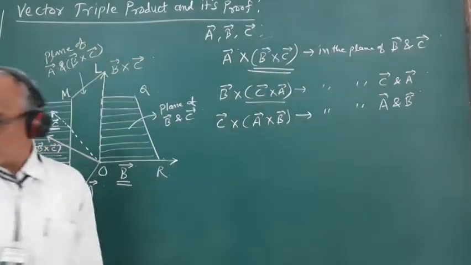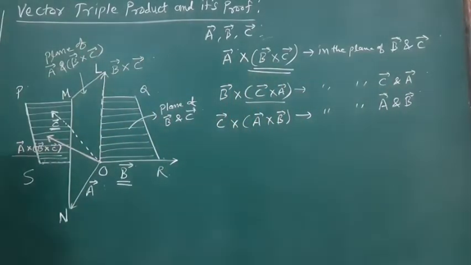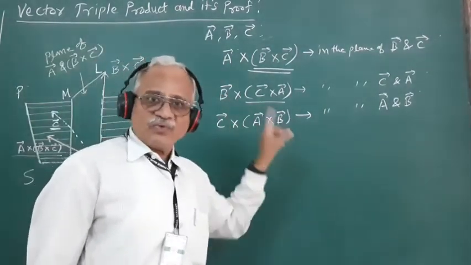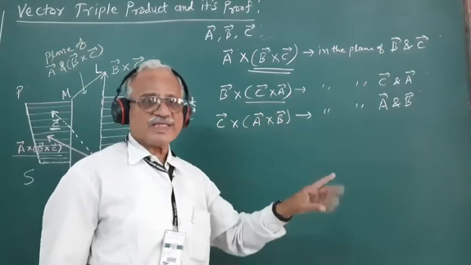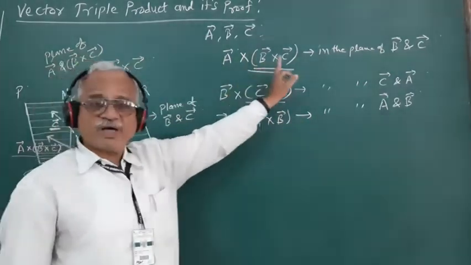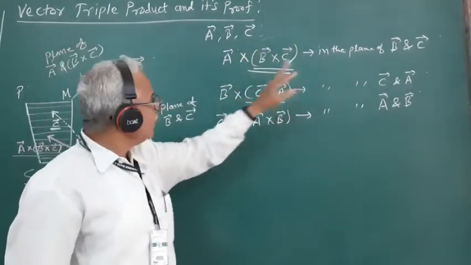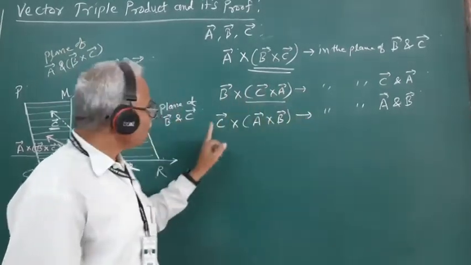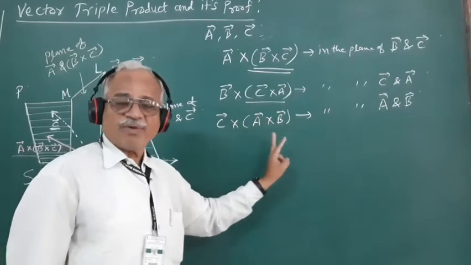So, what can we say about these three vector triple products? In case of the scalar triple product, we have seen that A bar dot B bar cross C bar is equal to B bar dot C bar cross A bar is equal to C bar dot A bar cross B bar.